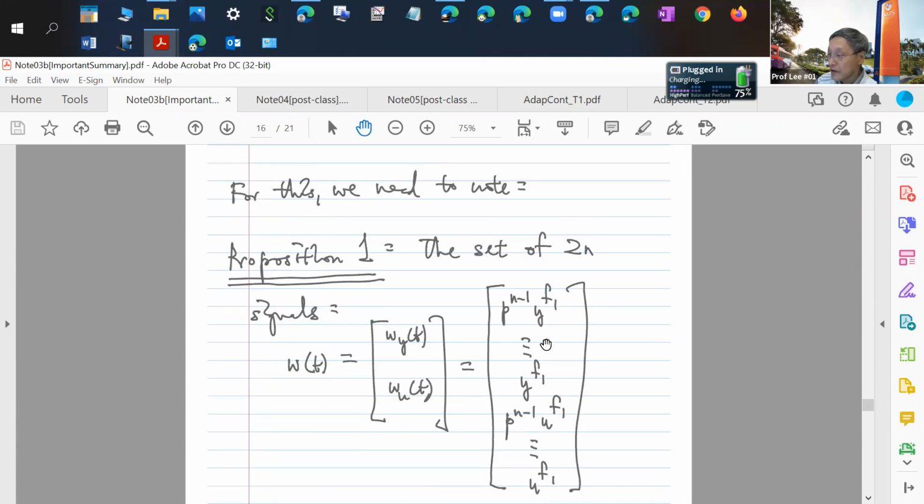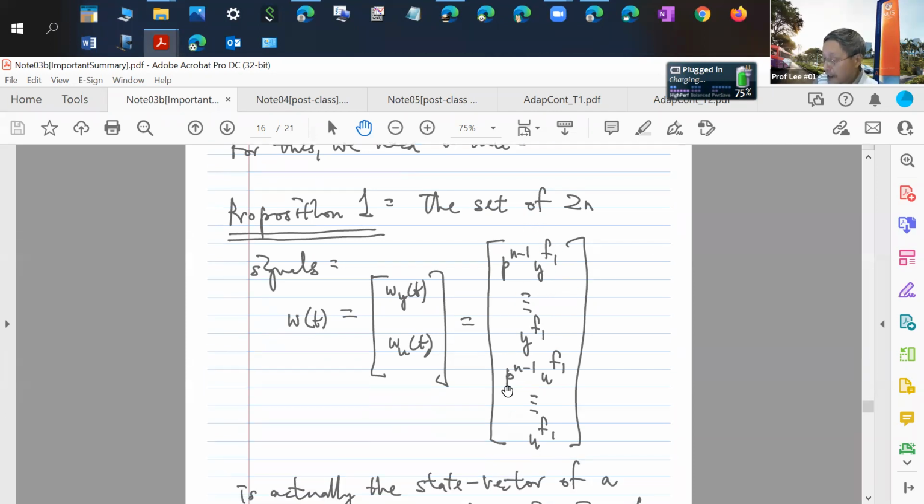The first property we summarize as proposition 1. Remember, these were the n signals generated with the 1 over t filter with y as the input, and these are the n signals generated with the 1 over t filter with u as the input. So there are 2n signals.